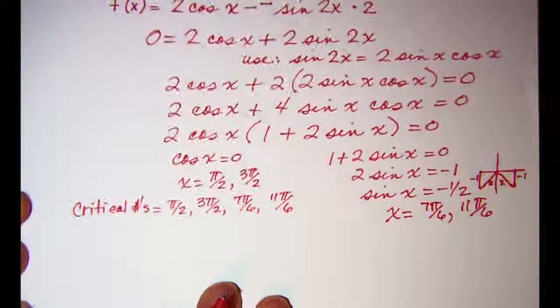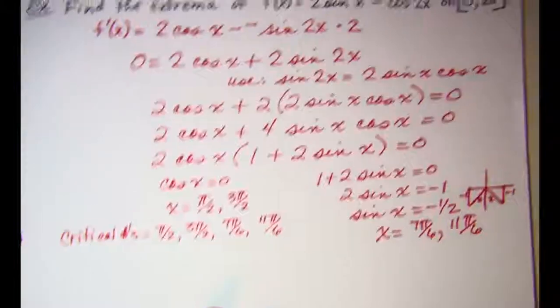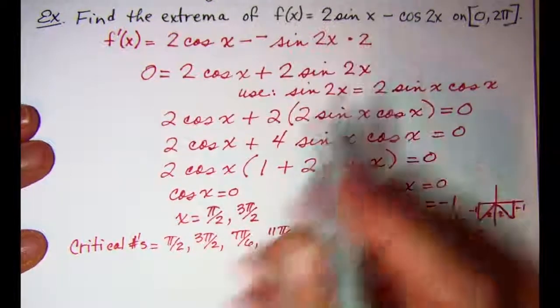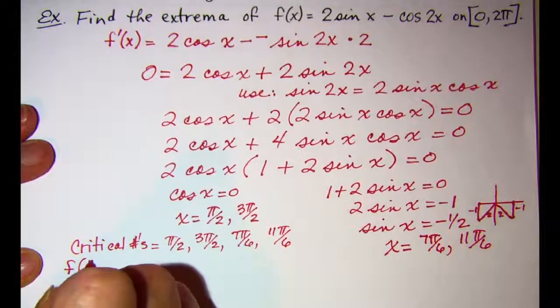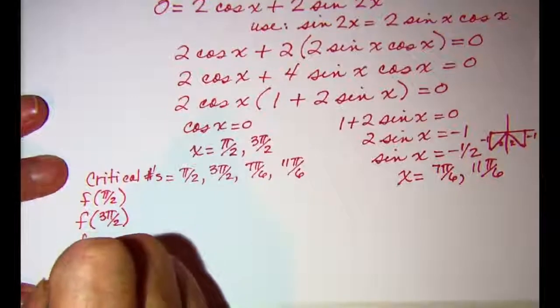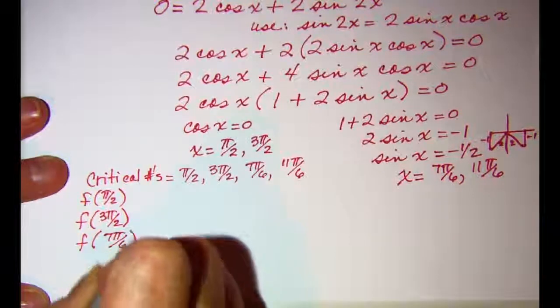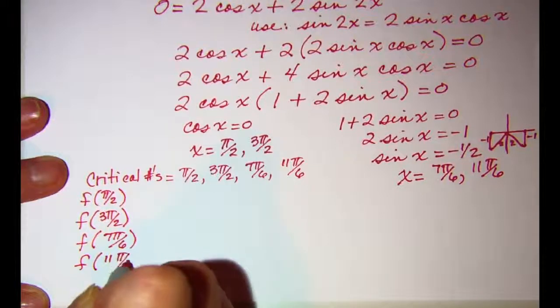Right, now what I want to do is evaluate my function at each of those. My function is up here. So I need f of pi over 2, f of 3 pi over 2, f of 7 pi over 6, and f of 11 pi over 6.